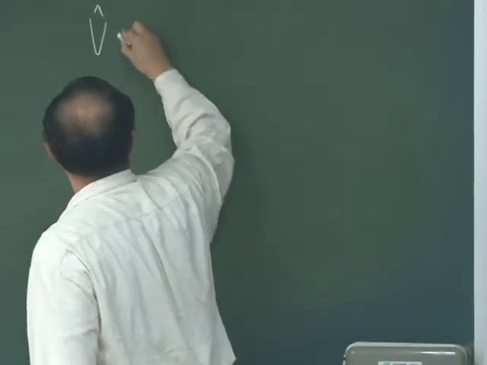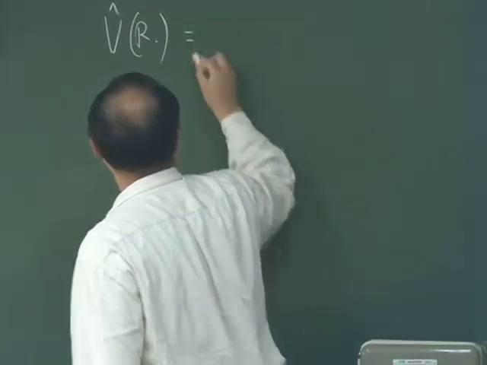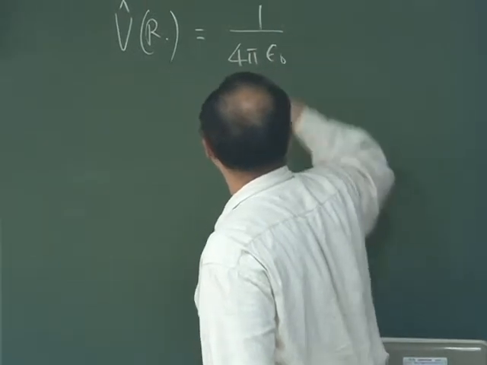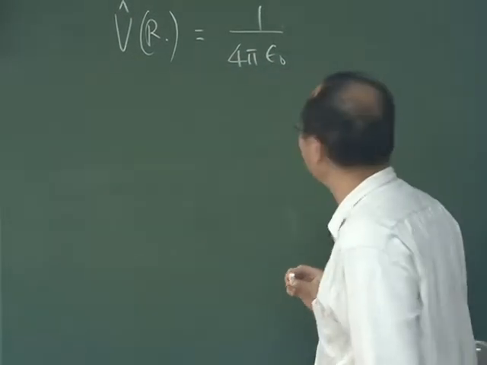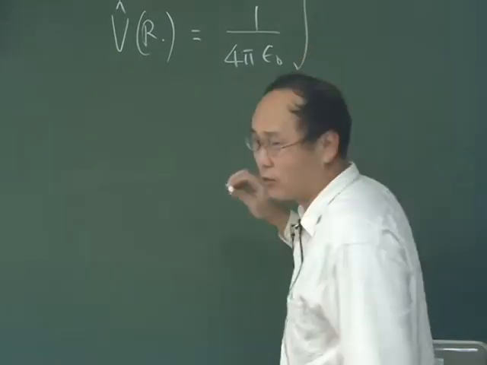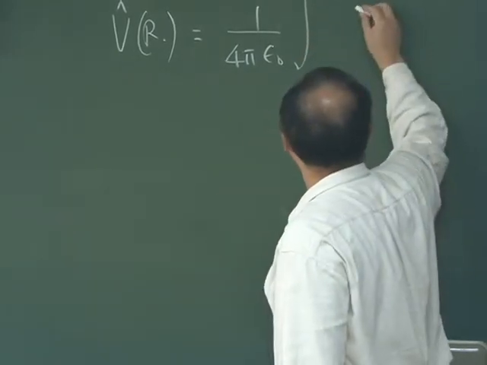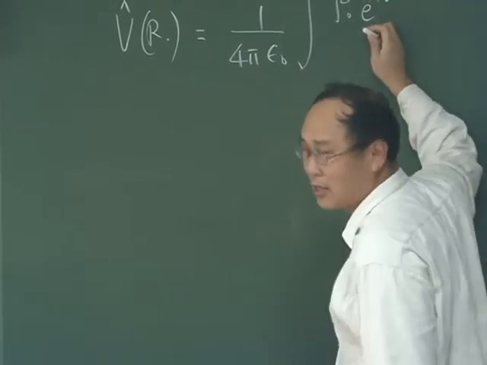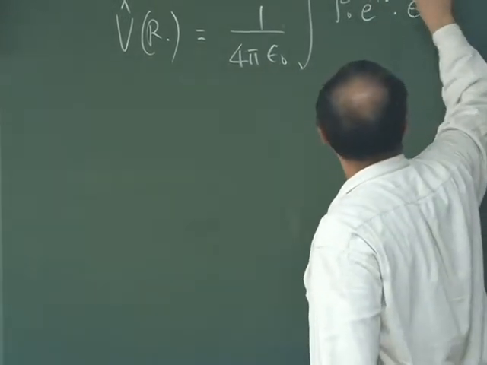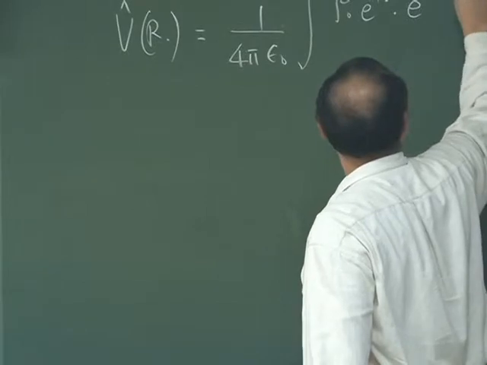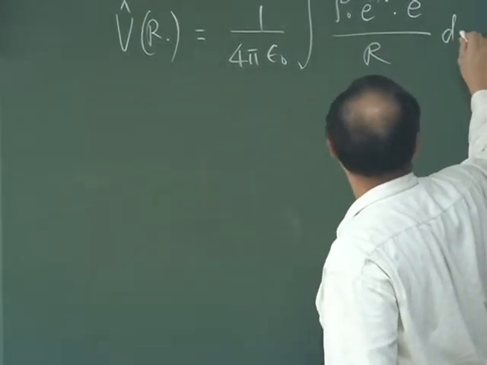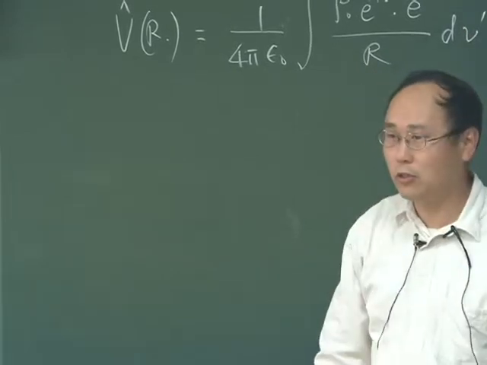You have the phasor function of r equal to 1 over 4 pi epsilon naught, and then integration of rho naught exponential j phi 0, and then exponential minus j square root mu epsilon r, and then divided by r, and then integrate over your source.